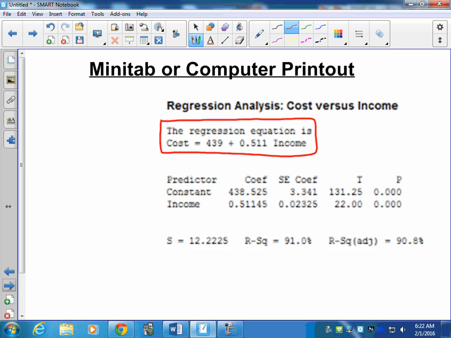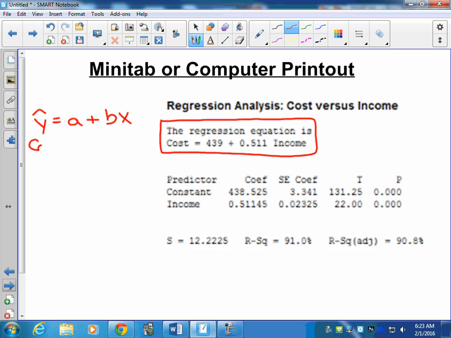Remember, when we look at our linear regression equation, we've got y hat equals a, our y-intercept, which is a constant value, plus bx. b is our coefficient for the x value, the slope, and we always want to be able to define our variables.